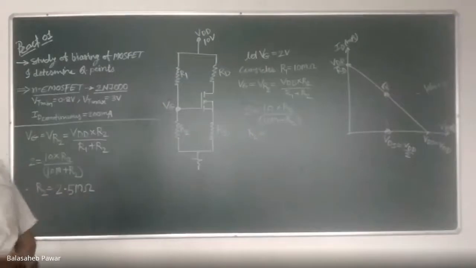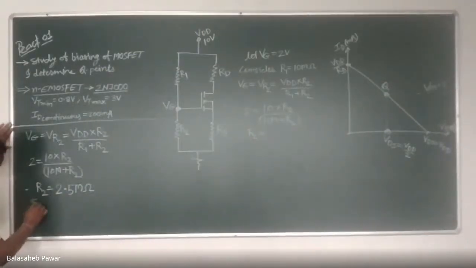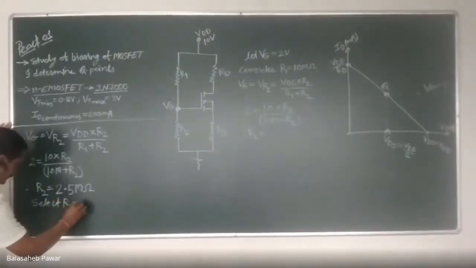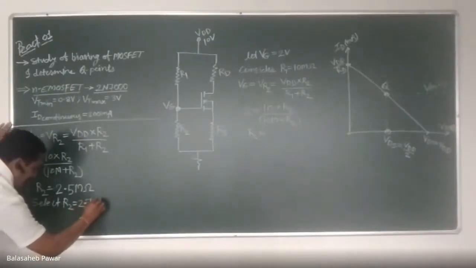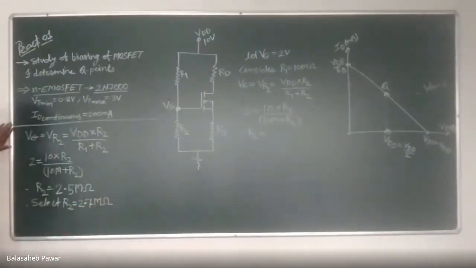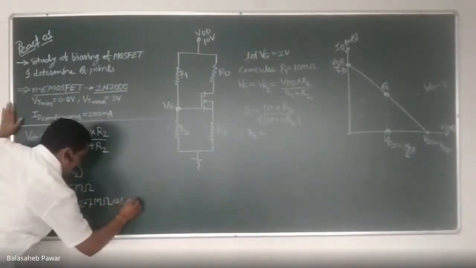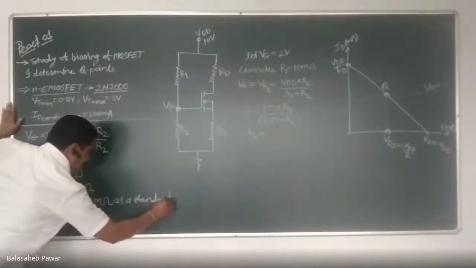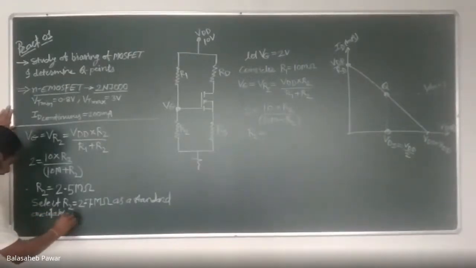Therefore, select R2 equals 2.7 mega ohm as a standard available resistor.